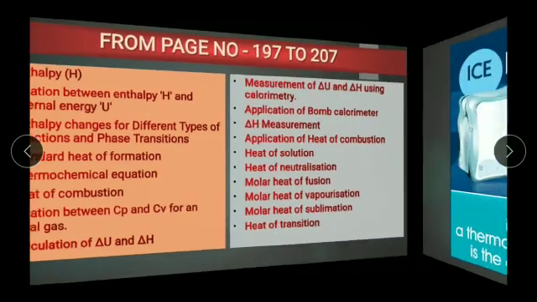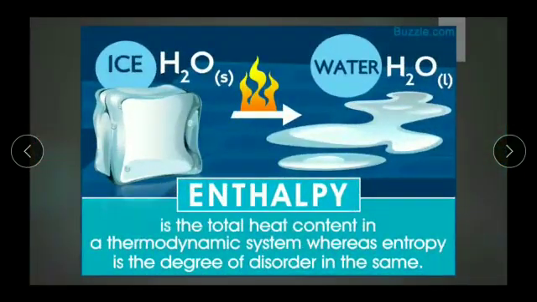Before entering the concept of enthalpy, we must know what is heat and what is enthalpy. What is the relation between enthalpy and heat? What is the difference between enthalpy and heat? Here I show the picture of melting of ice. How can the ice melt?